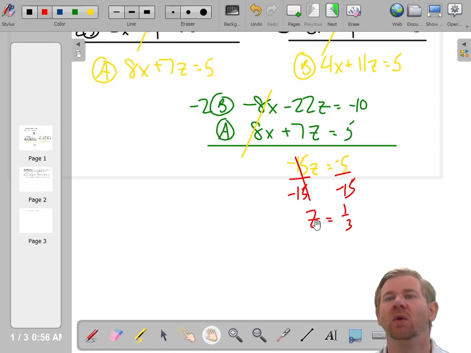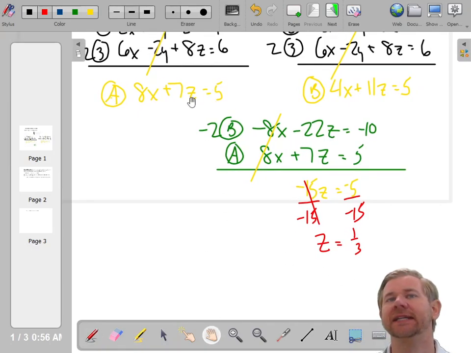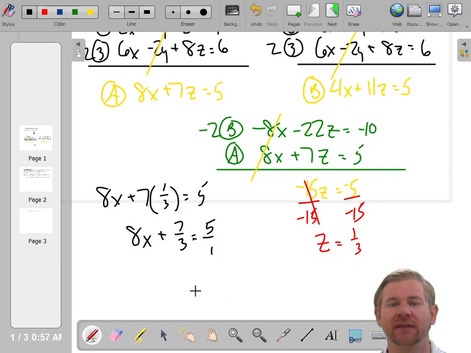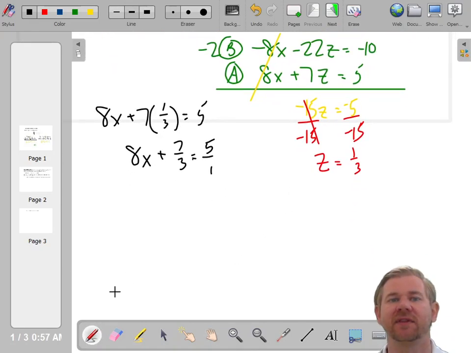Not too bad. Once you have z, we're going to go back up here and get x. It doesn't really matter which one I plug it into. 8x plus 7 times 1/3 equals 5. 8x plus 7/3 equals, I'm going to write this as 5 over 1. And if you're trying to subtract 7/3 from 5 over 1, you need a common denominator.